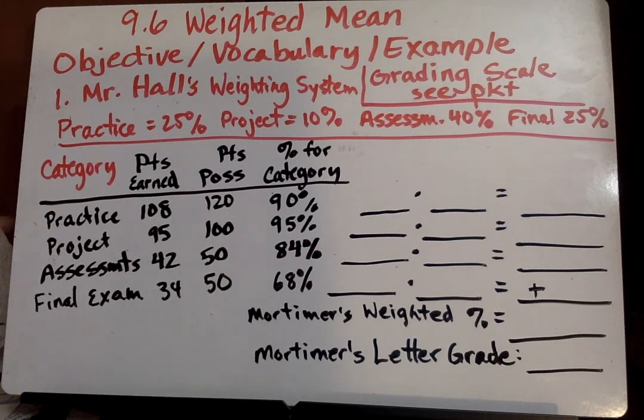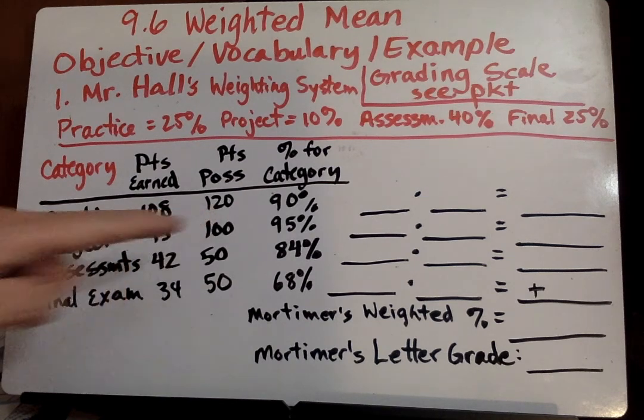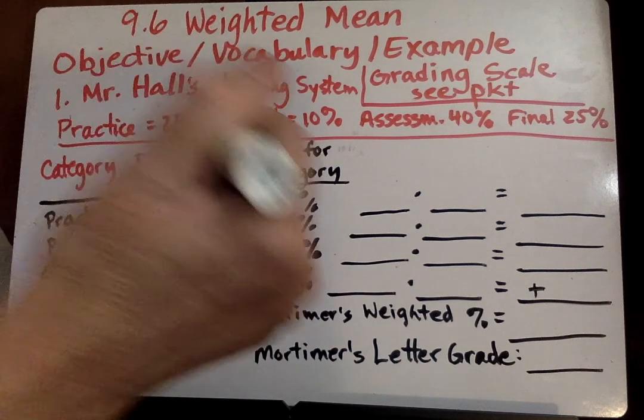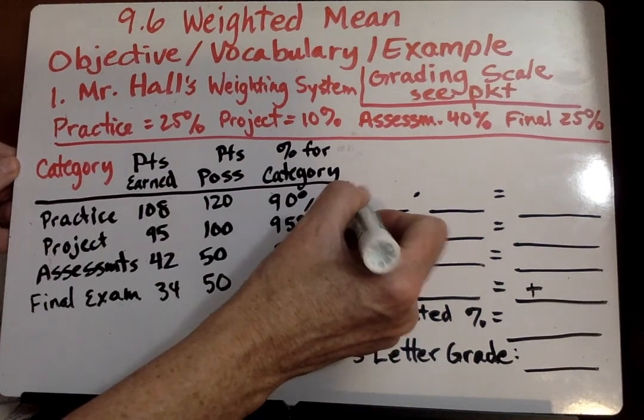On his practice category, he had 108 out of 120, which is a 90%. So what we do is we change our percent. Our practice percent right here is 25%, and we write that in. We change it to a decimal, 0.25.